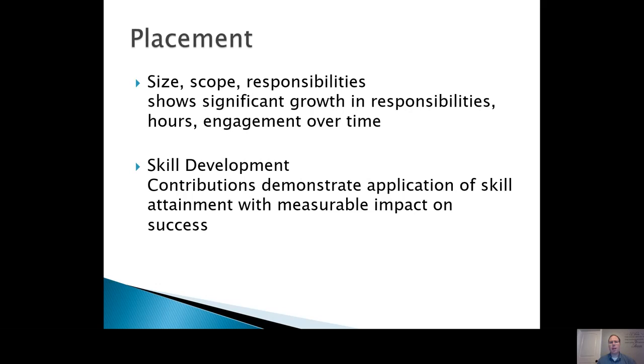So we're looking at those skills that they've developed, and we're looking at their impact on their future success. What have they learned to do as a course of that project? We all probably have had jobs where you were in the job for a long time, but you didn't learn much, you didn't grow much, and other jobs that really pushed you to grow and get better. And so we're looking for that kind of thing on this project.